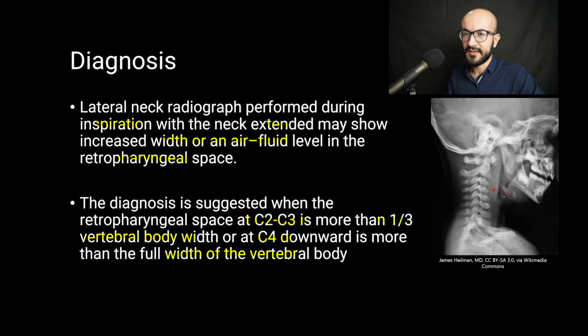So as you can see in this picture here, we have swelling of the retropharyngeal space here, and here we have the vertebral body of the C2, and you can clearly see that this space here is larger than 1/3 of the vertebral body of the C2, means the retropharyngeal space is swollen and there may be an abscess within.